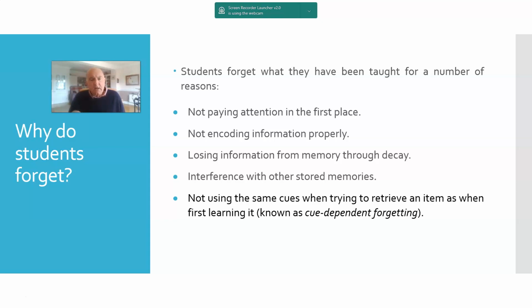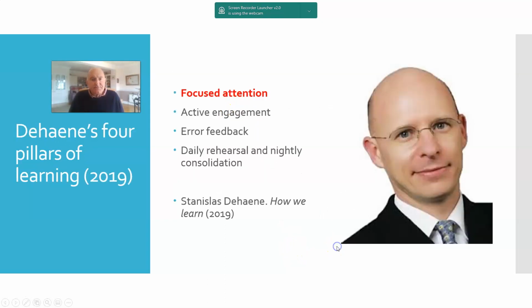And also something which is called cue-dependent forgetting, that's the technical term for it. It's when, for example, you learned something when certain cues were associated with that learning, and then when you try and retrieve the item from memory, you don't use the same cue, so you can't remember it. So forgetting happens for all sorts of reasons, but we're going to focus on this first one, paying attention.